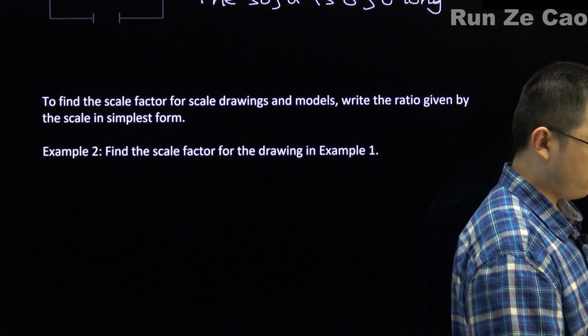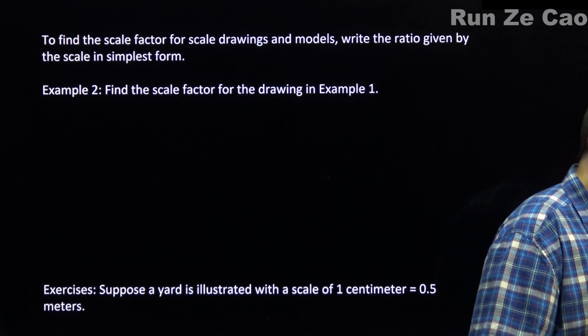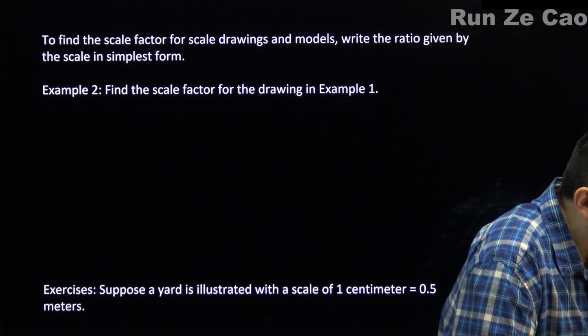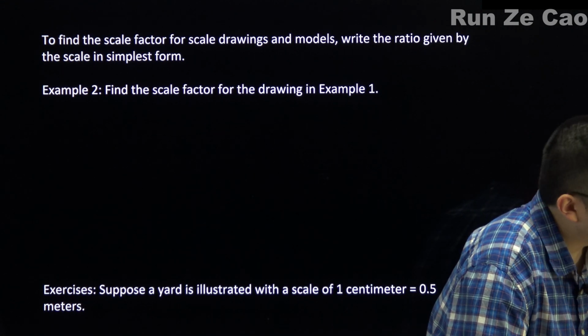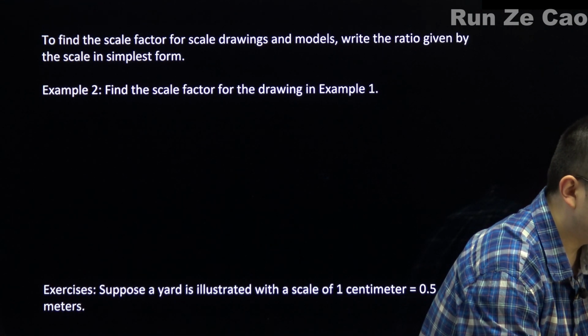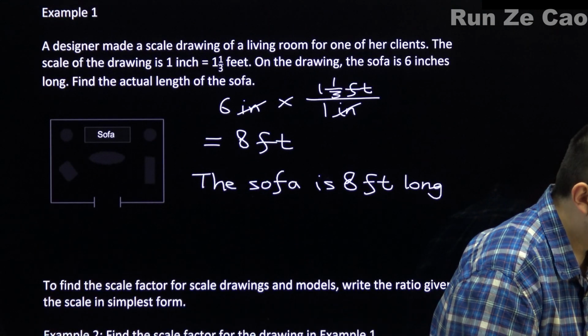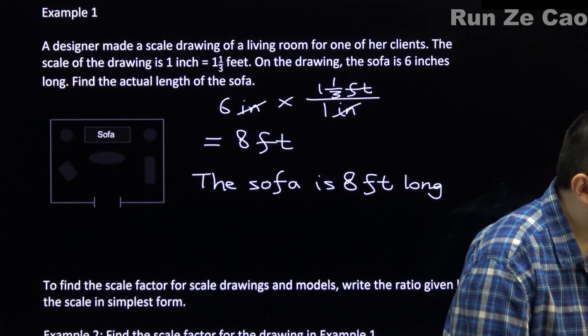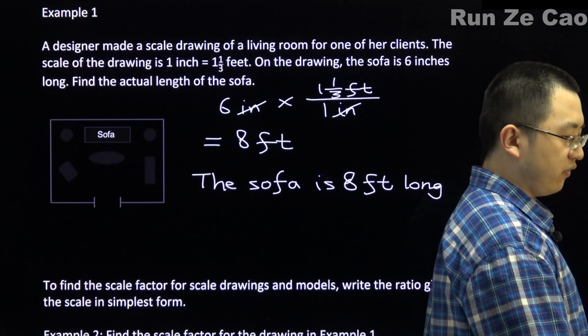Now let's find the scale factor for some scale drawings and models. Write the ratio given by the scale in simplest form. Find the scale factor for the drawing in example 1. Well, it was 1 inch equals 1 1/3 feet.